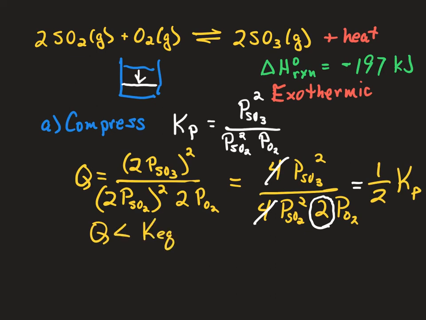Q is too small in this case. Because Q is too small, we have to move the reaction toward making more products to make Q bigger, and less reactants will also make Q bigger. And so that says that reducing the volume would shift our equilibrium farther to the right, because Q is too small when we compressed that reaction.